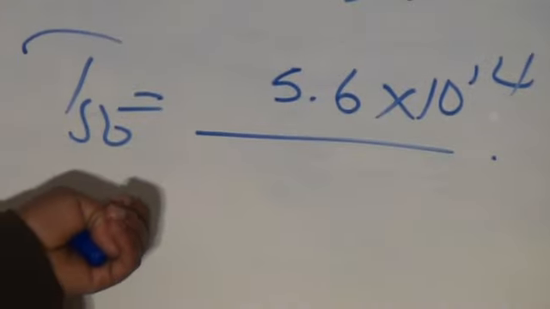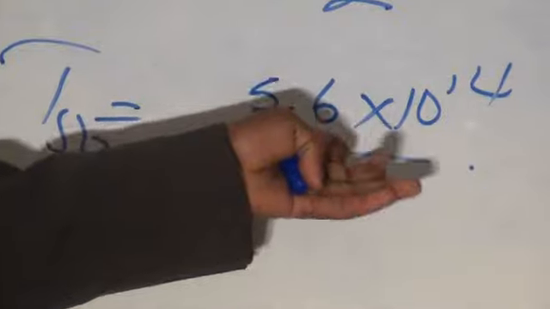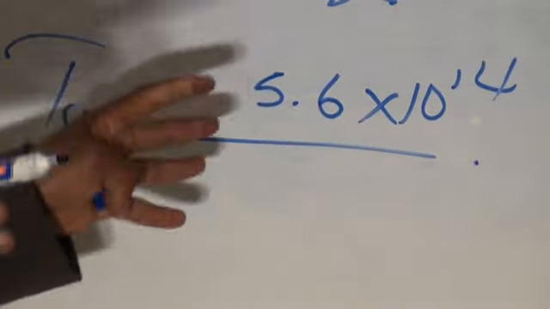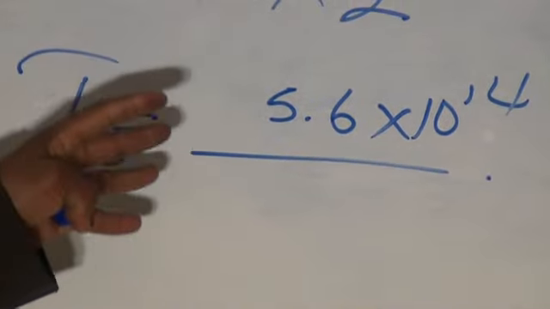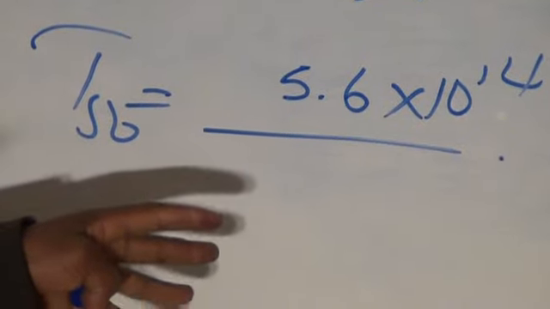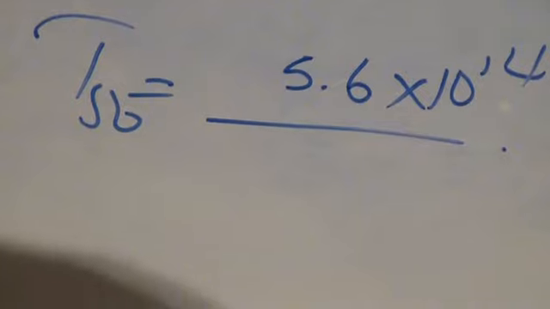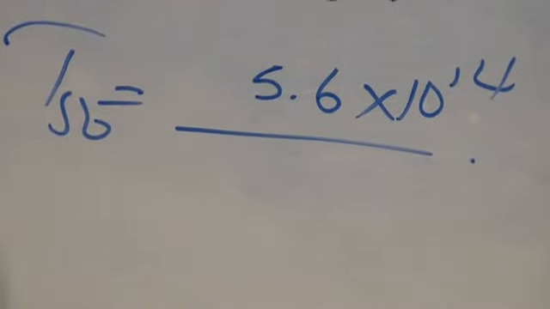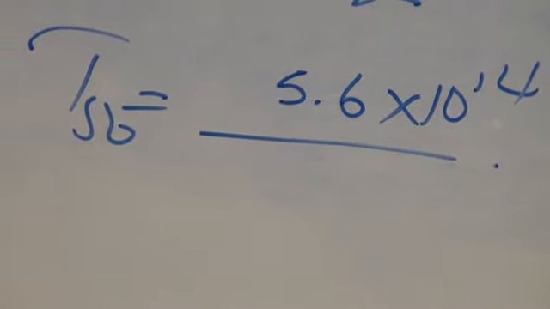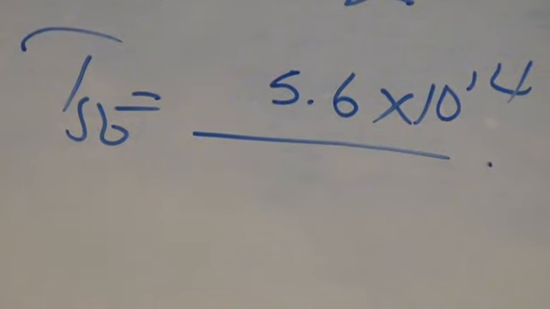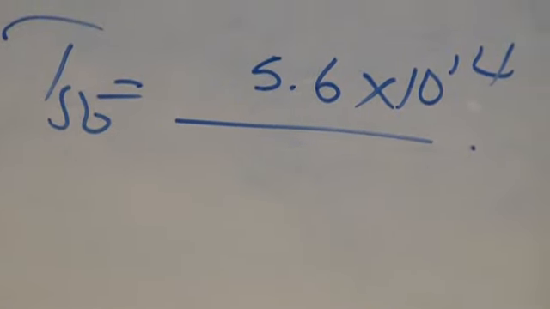A 50th term only is already such a huge number. I don't know, it looks like some inflation figure in Zimbabwe or something. That's very big. So that's one characteristic of a geometric sequence. When we say things are increasing geometrically, they're increasing very fast.